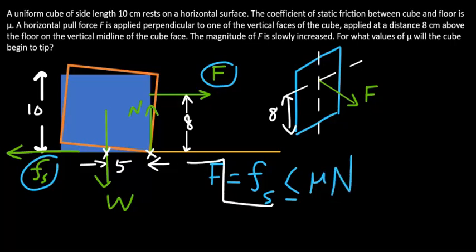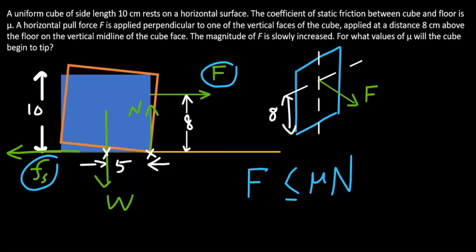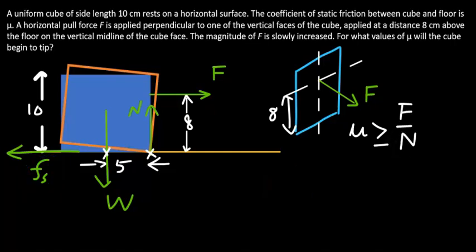So using this part of that inequality, we can write that capital F, the pull force, has got to be less than or equal to mu times N. Or in other words, mu, the coefficient of static friction, is greater than or equal to F over N. The other thing that we can conclude is that just before it starts to tip, this and this must be the same. So the normal force equals the weight.